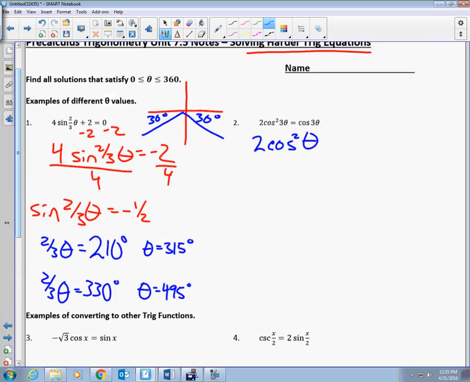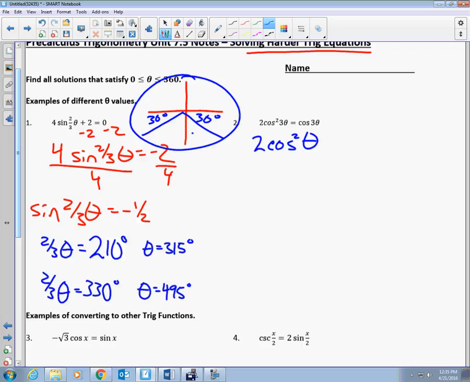Technically, only one of these satisfies the initial condition, right? I'm not going to make you go back and change that. Just for the sake of time, we don't have quite enough time to deal with all those types of situations. I will be making sure that when you do this part, you're coming up with theta between 0 and 360, okay? As far as your end results, that's a little bit more involved. And actually, in the mathematical community, we have ways of working around it. So I would like your initial setup to be between 0 and 360. So don't worry about getting rid of the last one, okay?